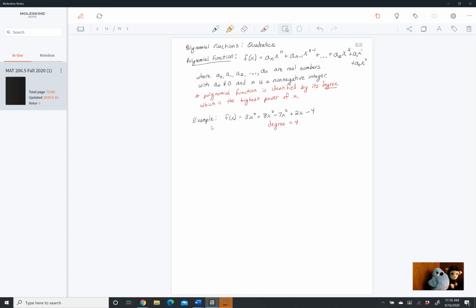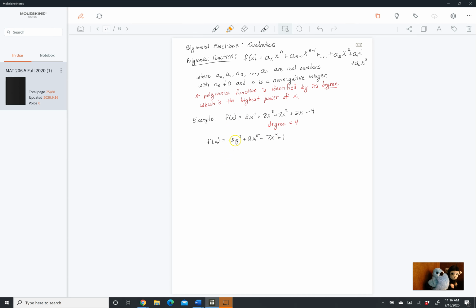We could do a different polynomial. We have f of x equals negative 5x to the 7th plus 2x to the 5th minus 7x squared plus 1. Okay, this is a polynomial.